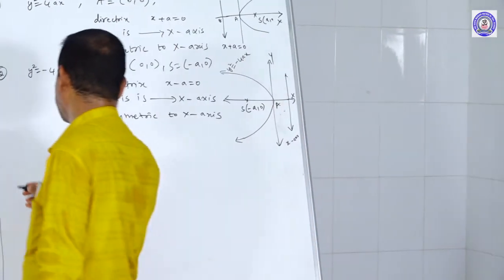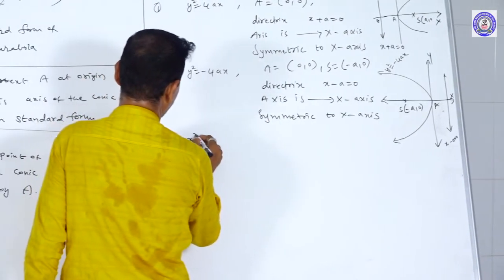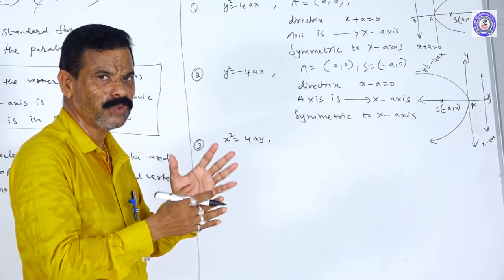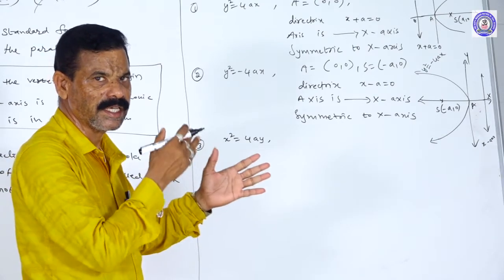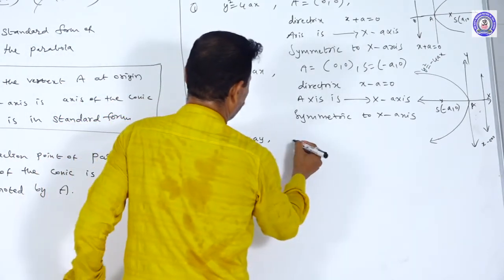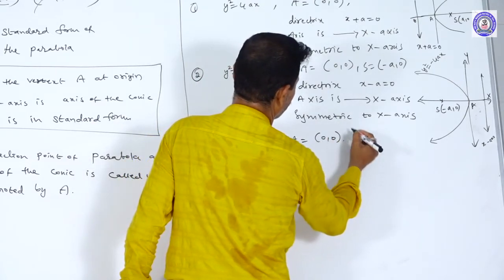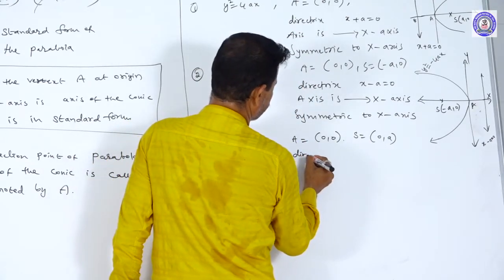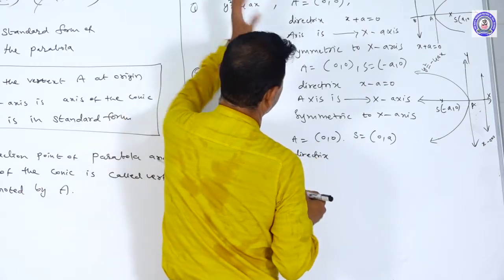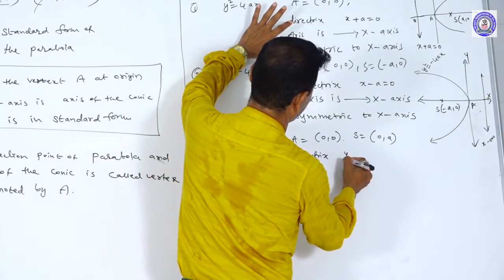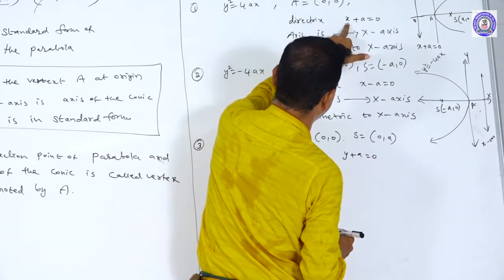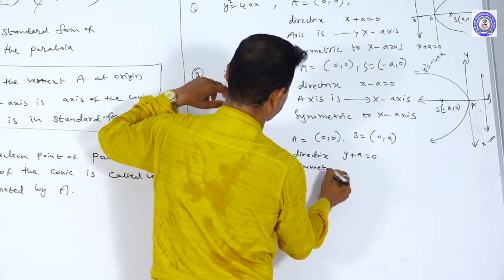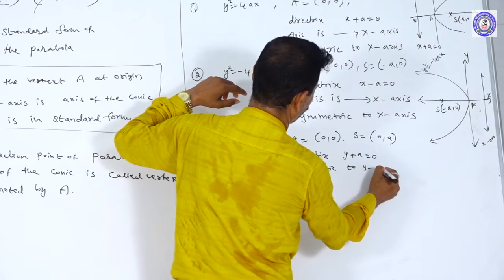And the third form, x square is equal to 4ay. Here the diagram changes from the x axis to the y axis. The vertex is the same, A at 0 comma 0. The focus S is 0 comma A, and the directrix is y plus A is equal to 0, with y in place of x. Here it is symmetric to the y axis.